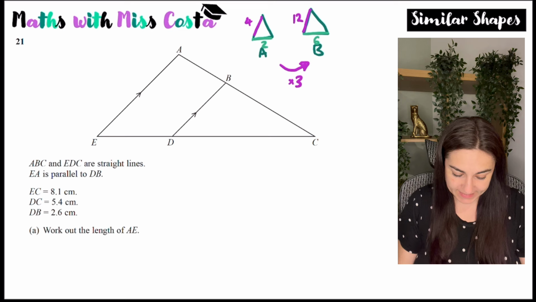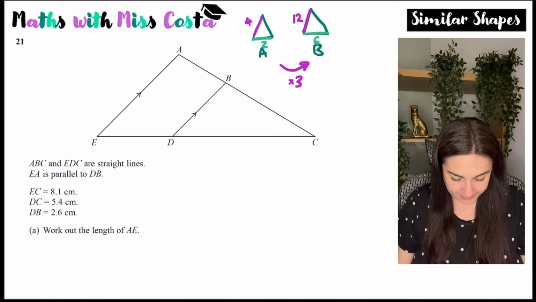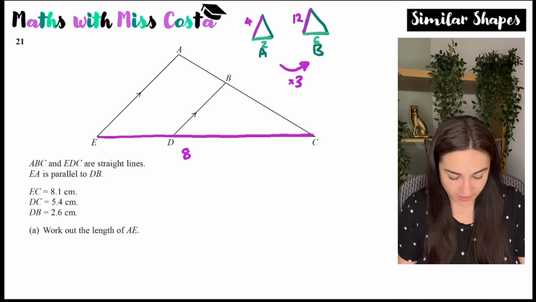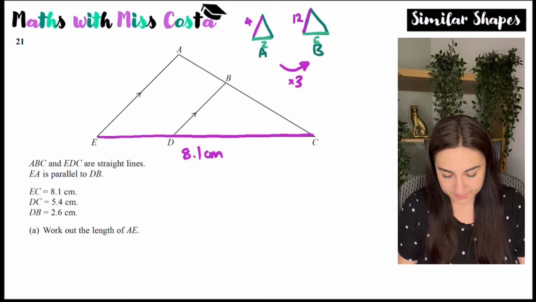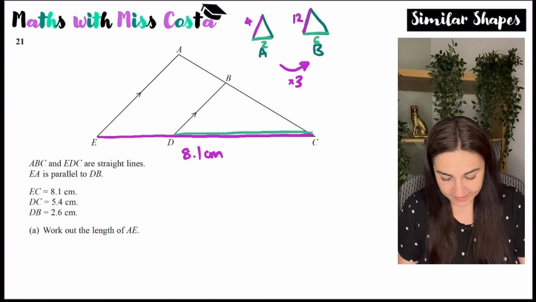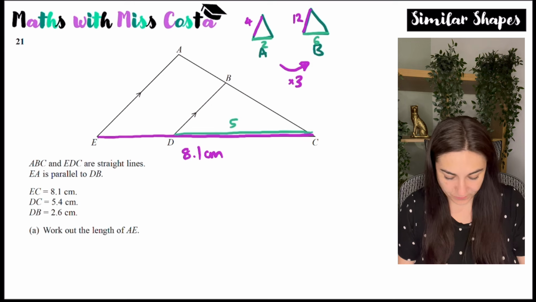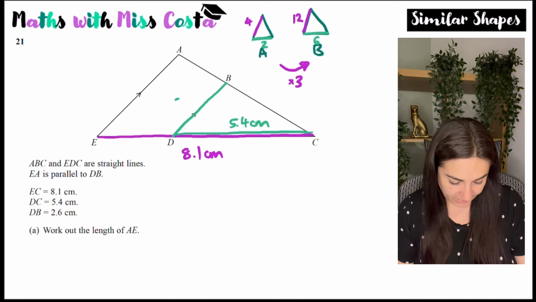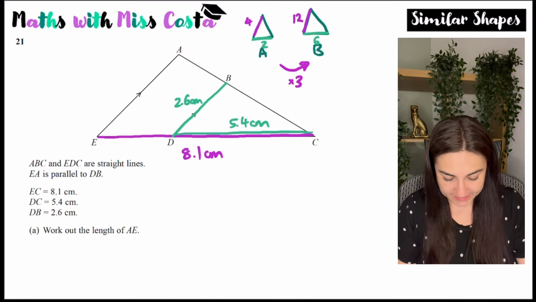So I know that ABC and EDC are straight lines and that EA is parallel to DB. Now, EC is 8.1 centimetres. So I know that this whole line here is 8.1 centimetres. DC, so this line here, is 5.4 centimetres. And that DB is 2.6 centimetres.